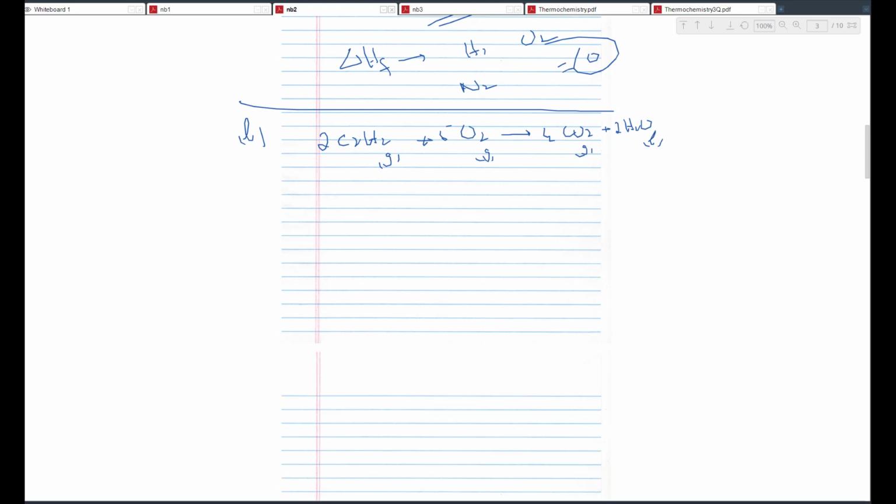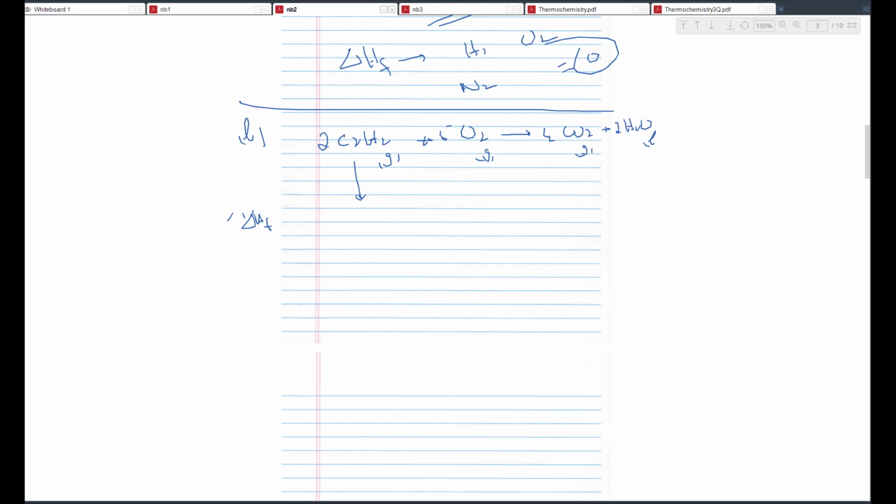Now let's write the data first. What is the delta Hf for C2H2? It's the standard enthalpy of formation. It isn't in the table, which is incomplete, so I'm going to look it up.